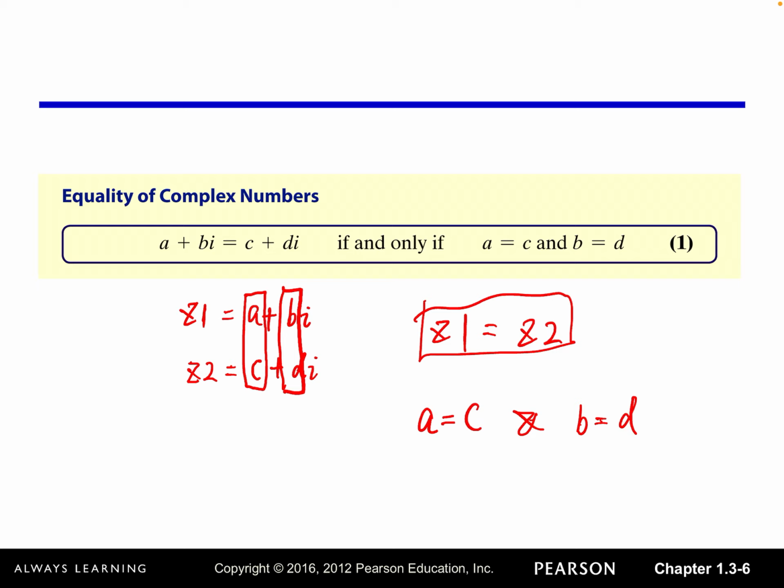You think about that for a second, see whether that makes sense to you. Two complex numbers, if we say they're equal, must satisfy two conditions: real parts must be equal and imaginary parts must be equal.